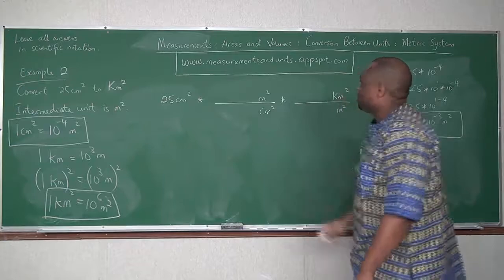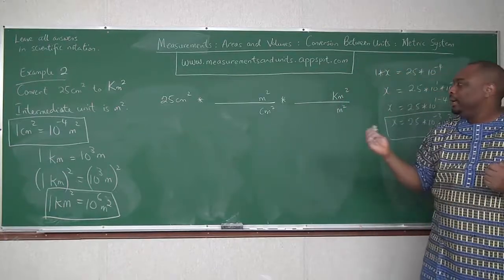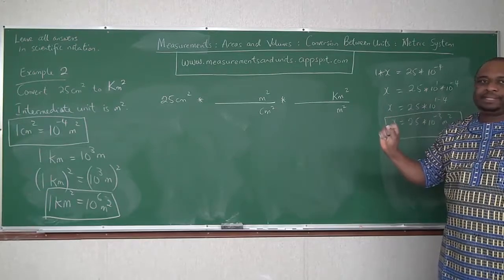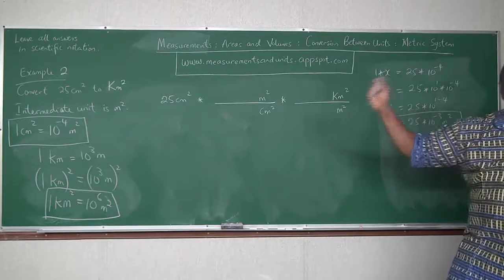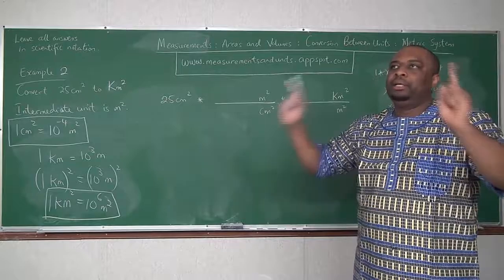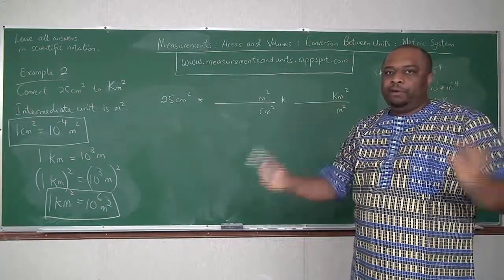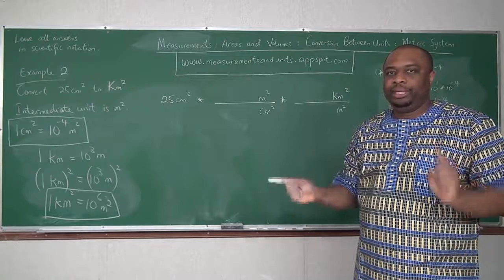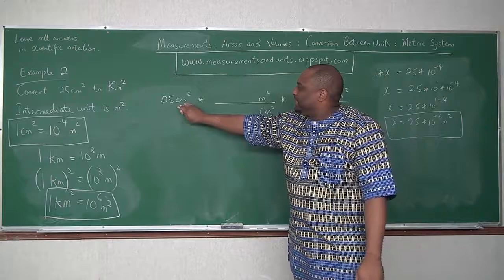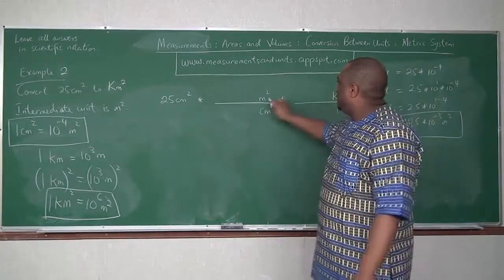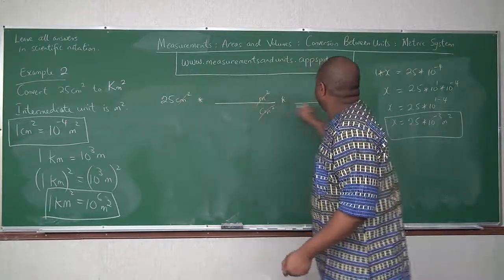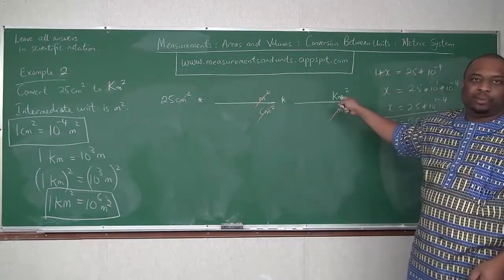Do you see how the unit fraction method works? All you need is the prefixes. For the metric system, you only need the prefix and you're good to convert any unit, whether it's length or area or volume. So the centimeter squared crosses out, the meter squared crosses out, and you now have only kilometer squared.